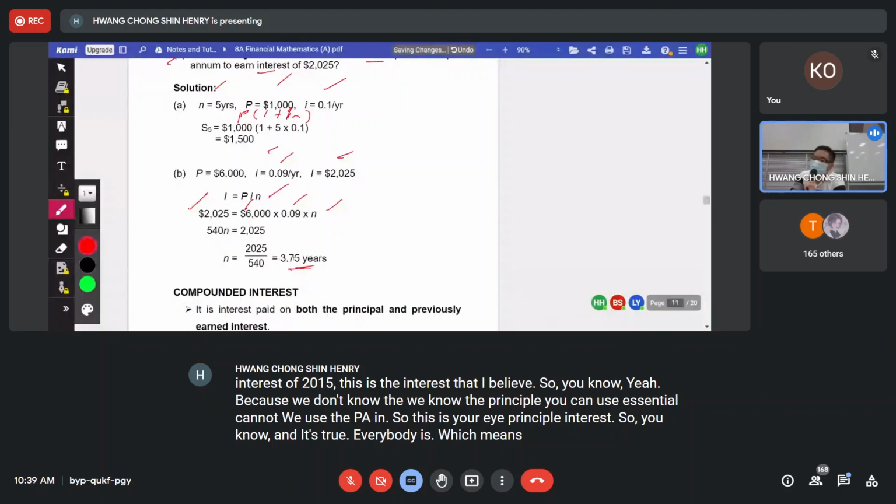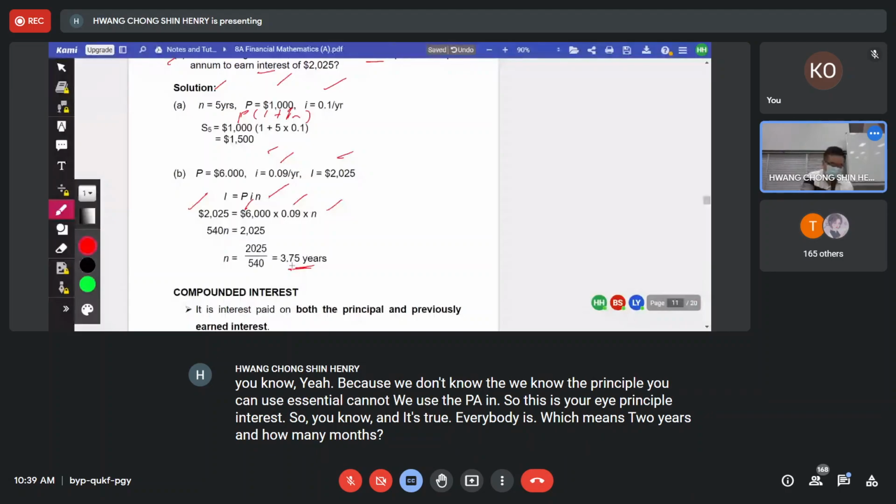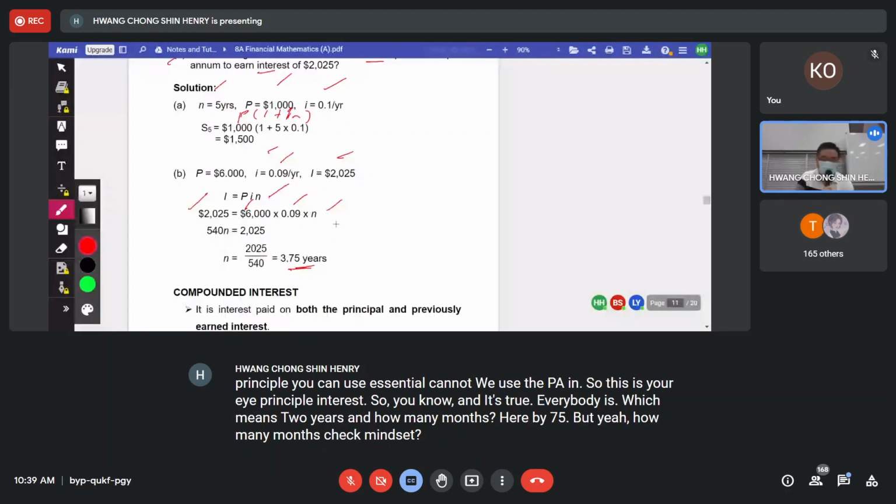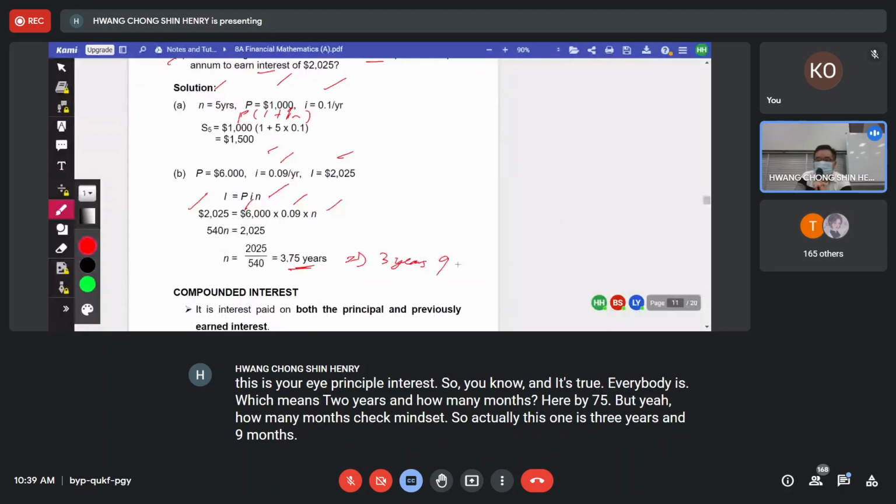3 years and how many months? 0.75, 1 year, how many months? 12 months, right? So actually this one is 3 years and 9 months. Everyone okay? You know how to get 9 months? 0.75 times 12. You see, I told you, right?